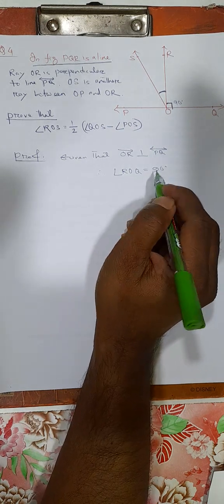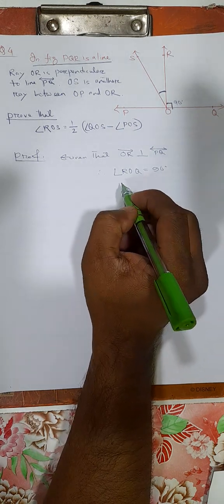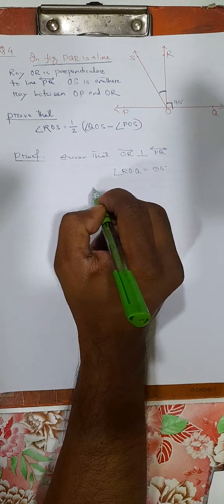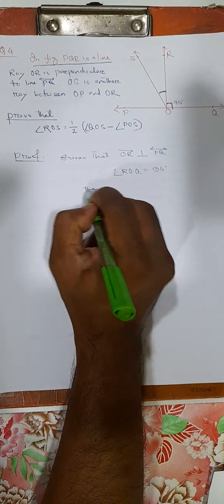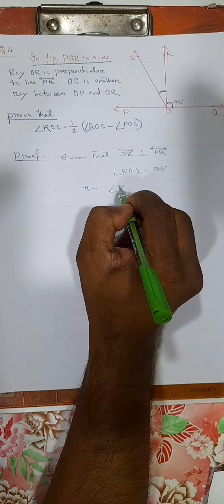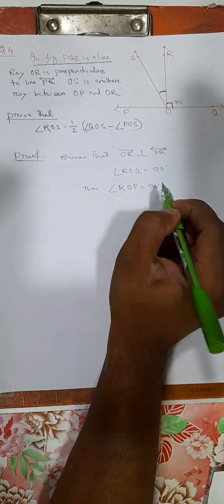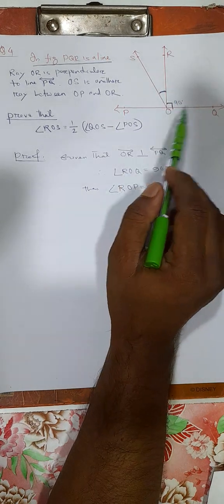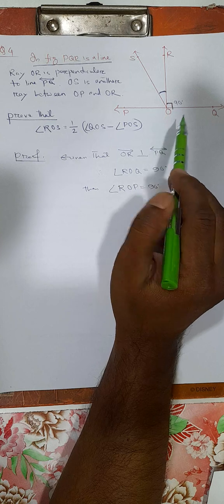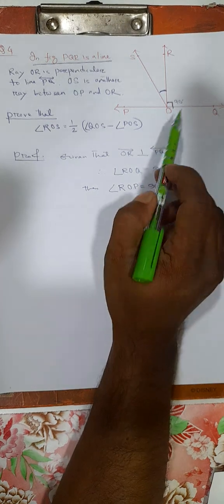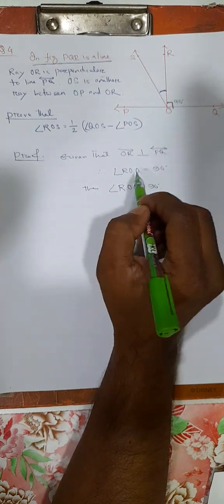Angle ROQ is 90 degrees. If it is 90 degrees, then you can say angle ROP, this is also 90 degrees. Since ROQ and ROP constitute a linear pair, if ROQ is 90 degrees, ROP is also 90 degrees.